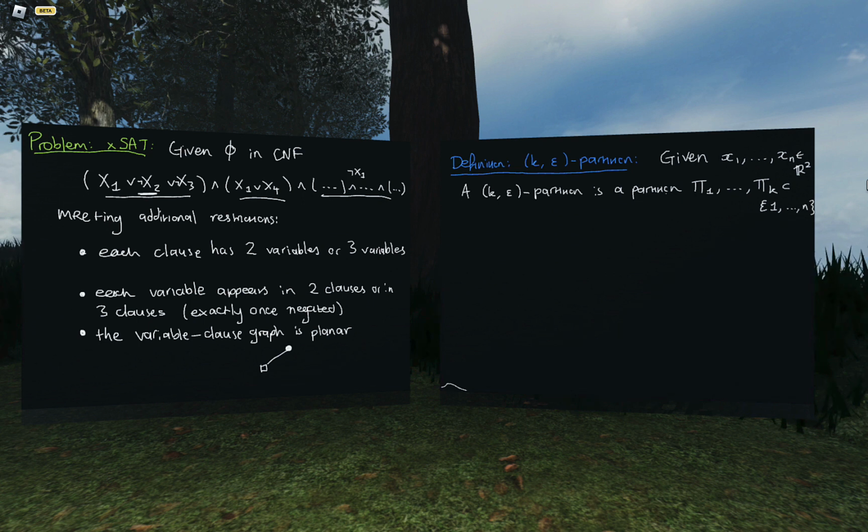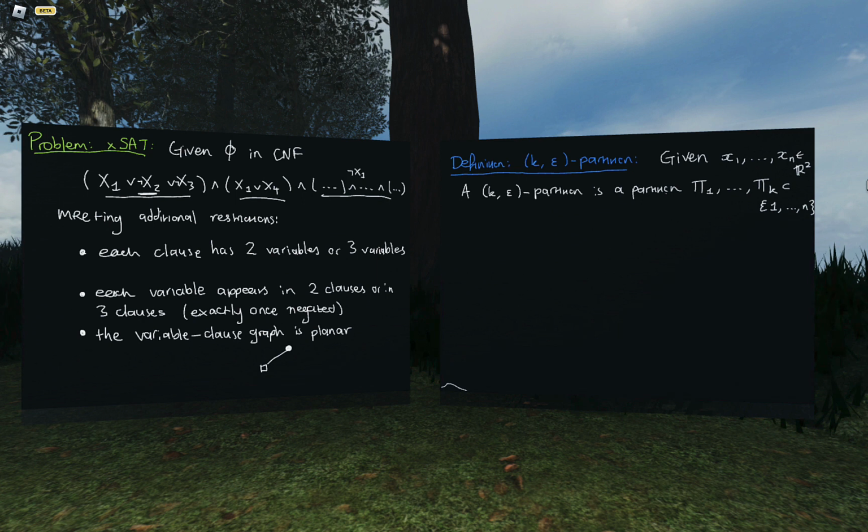So you can think of this as a way of grouping the n points into K groups. And I'm using the word partition because they're not allowed to overlap, so any point has to be in exactly one group. But actually, I'm not sure if you would normally allow any of the cells of the partition to be empty. So that's a bit of a quirk of this definition. We're going to allow that. But you can think of it as a partition if you say it's at most K groups.